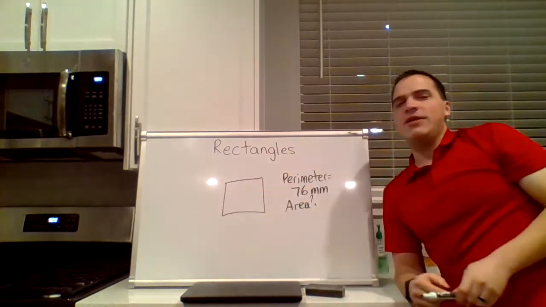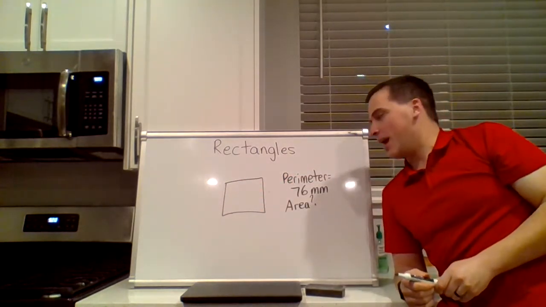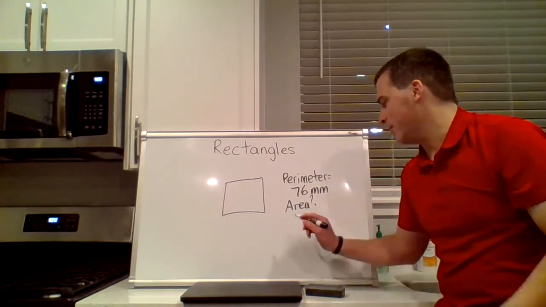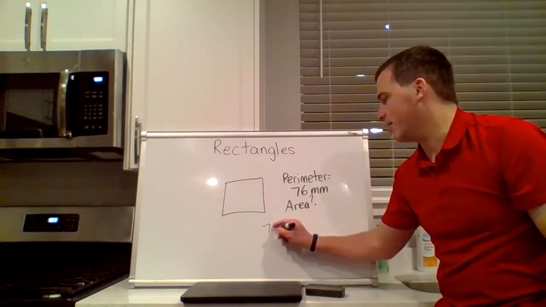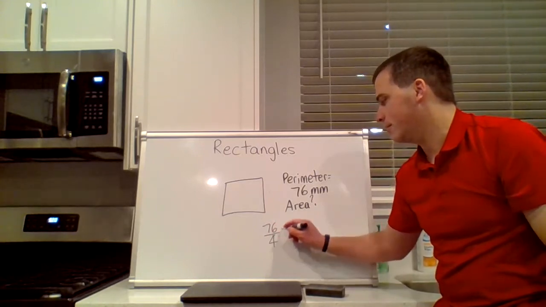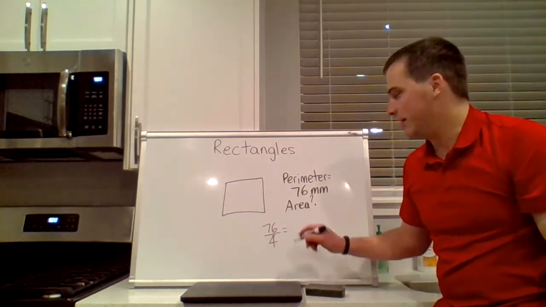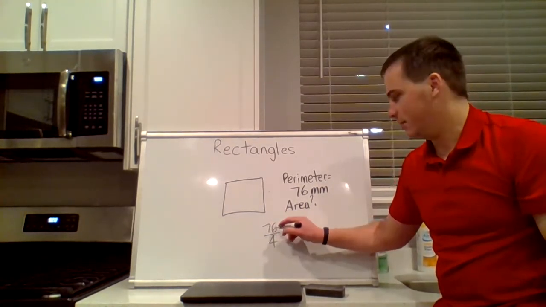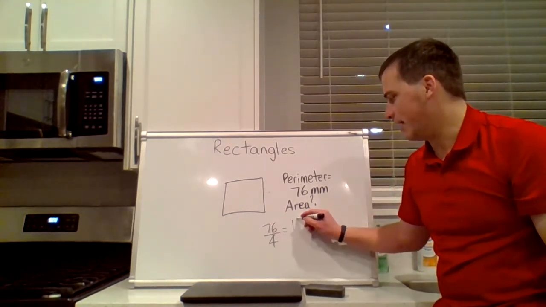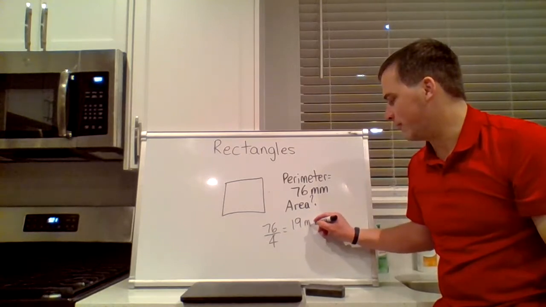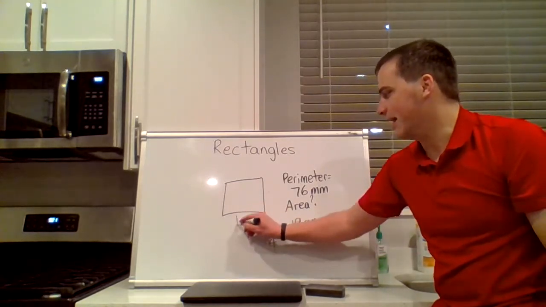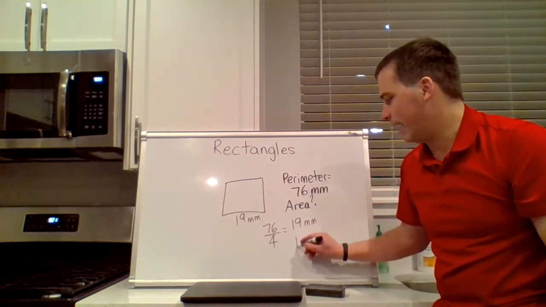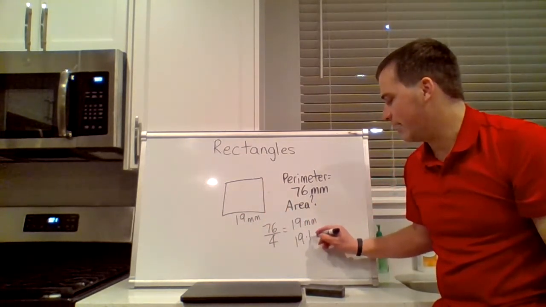So we have to find a number that when you add it together 4 times gives you 76. If you can't do it in your head, you simply do 76 divided by 4. 4 goes into 7 one time, 3 left over, 36. That gives you 19 millimeters for the length. This length is 19. To find the area, you do 19 times 19.